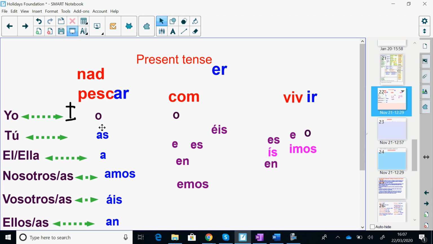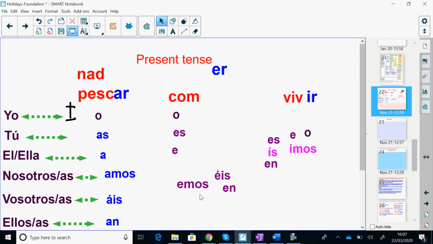Now, look at the patterns here from the AR verbs. How do you think it would be you eat, you singular? You've got these options here. Look at the patterns from the other one. Yes, comes. Now, what do you think it would be he or she eats? Yes, come. Look at the pattern.